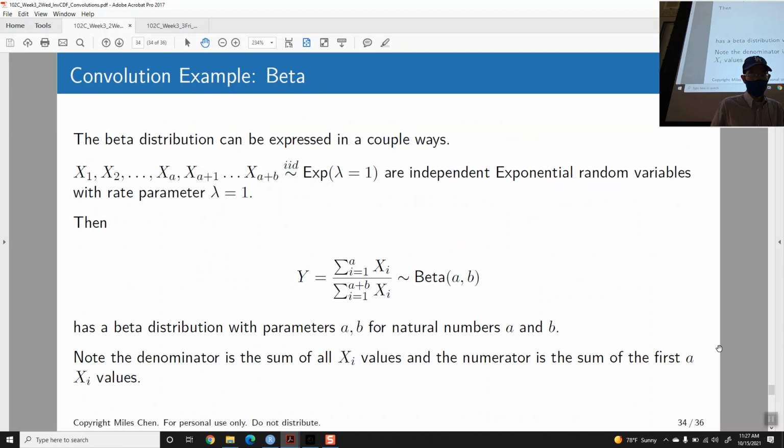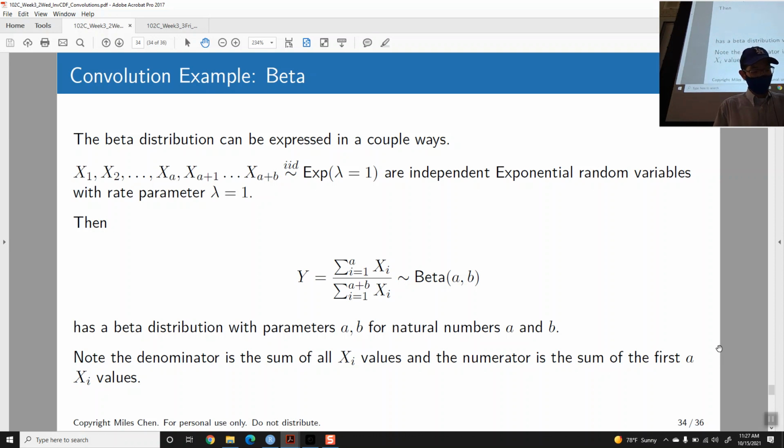Okay, beta distribution. The beta distribution is a little bit of an interesting one. It has shape parameters A and B, or alpha and beta, two shape parameters.